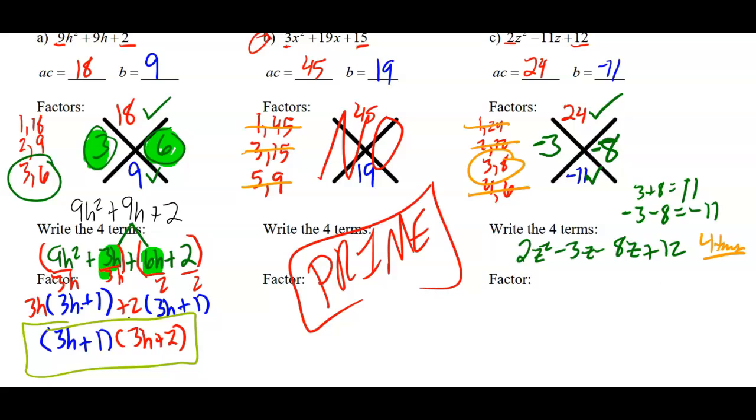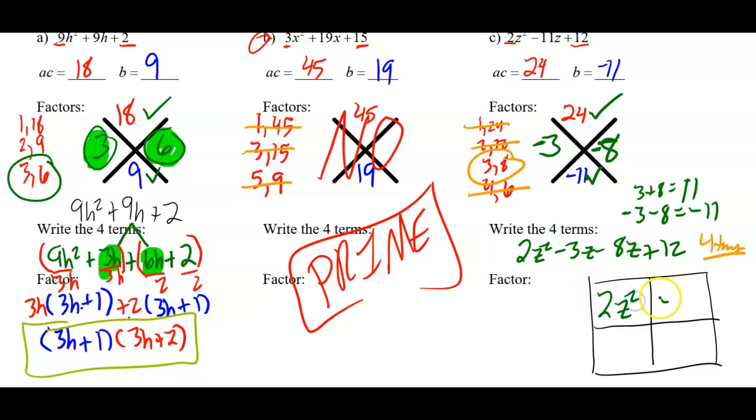And looking at the other method for doing this, I'm going to draw my box. Again, I have 4 spaces, so I need 4 terms to fill them out. 2z squared minus 3z minus 8z plus 12. All right, so let's look at the first set, 2z squared. What multiplies to 2z squared?